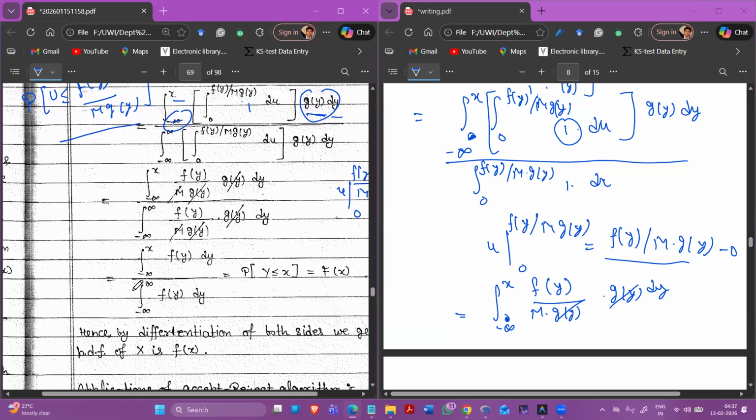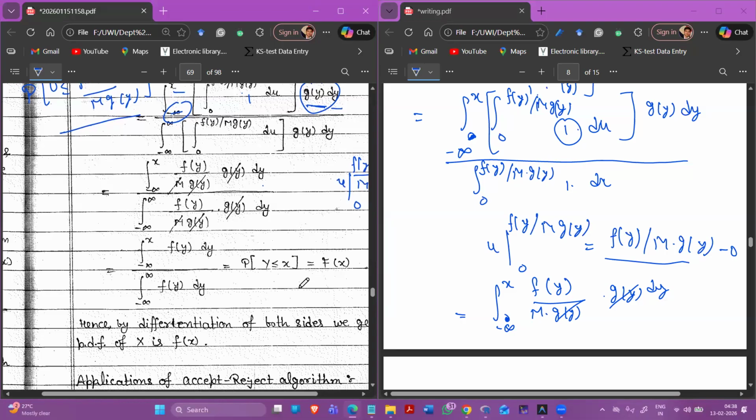So when you find this integral from minus infinity to infinity, that should be 1, and what you have here, minus infinity to x of fY, is basically the CDF of X, right?